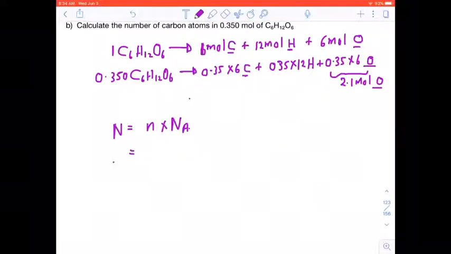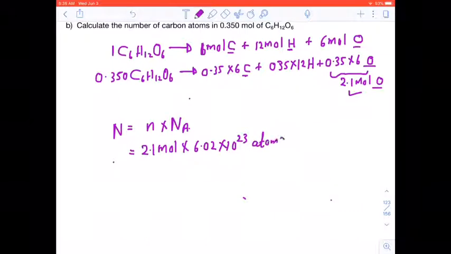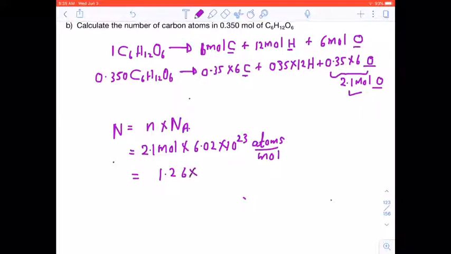We first have to determine how many moles of carbon atoms it has, which is equal to 2.1 moles of carbon atoms times 6.02 times 10 to the 23 atoms of carbon per mole, and that gives us 1.26 times 10 to the 24 carbon atoms.